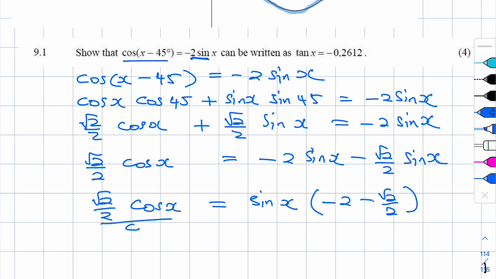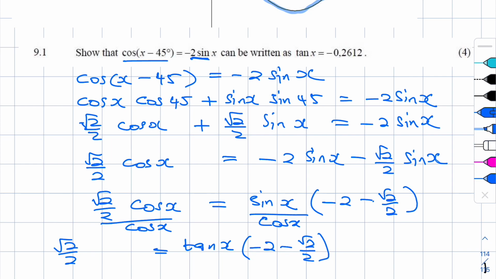So I have square root of 2 over 2 is equal to sin over cos, that will be tan x, and then multiplied by minus 2 minus square root of 2 over 2.